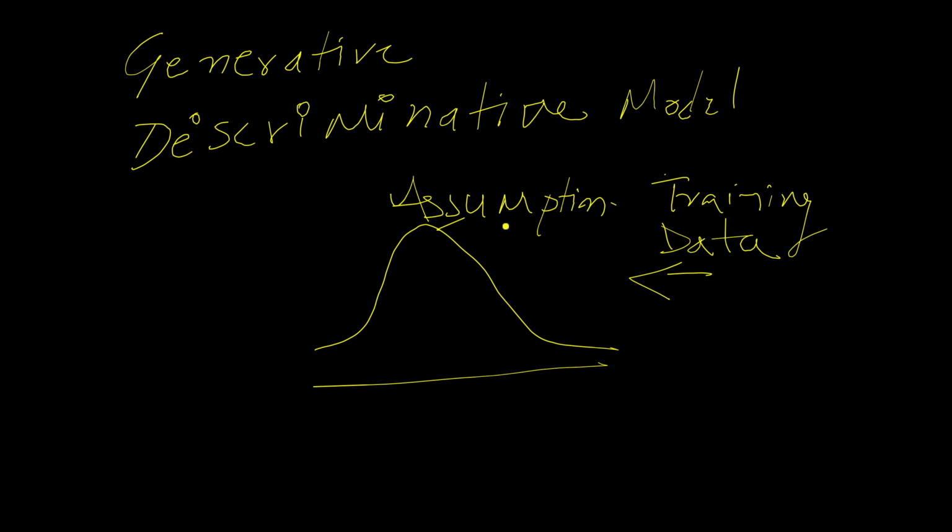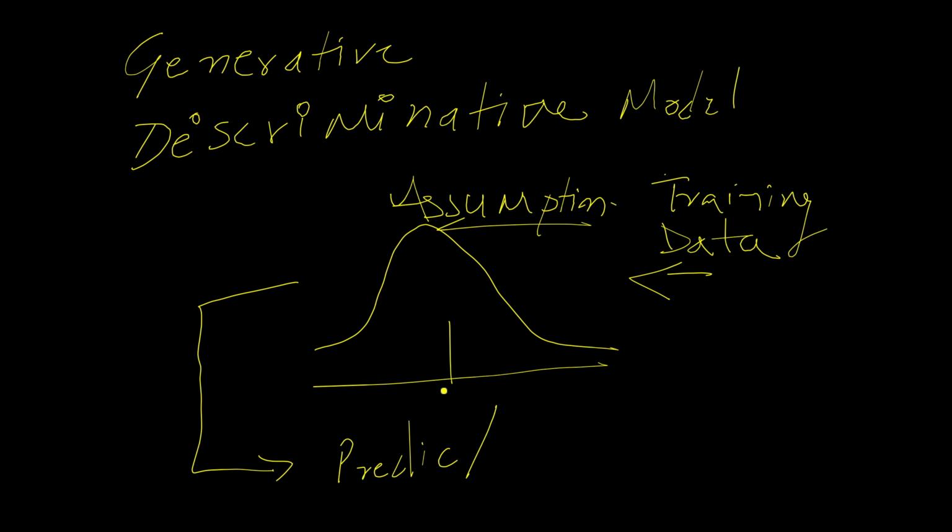Then this assumption gets converted into your data model, or the model that will be used for predictions. And when the final time of prediction or classification comes, they will just use this model, or the assumptions they have made that best fit the data, to drive all their predictions or classifications, whatever you want to call it.